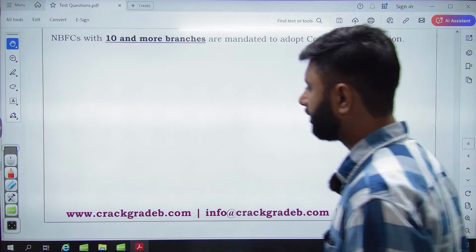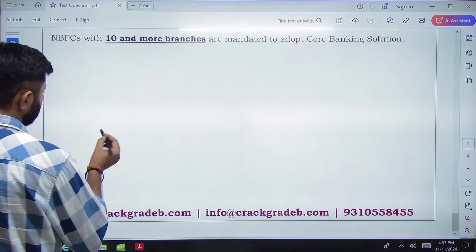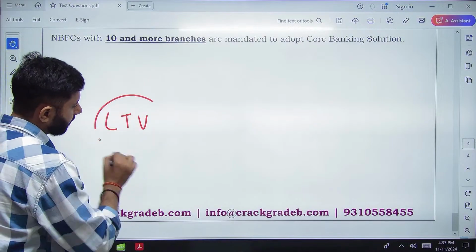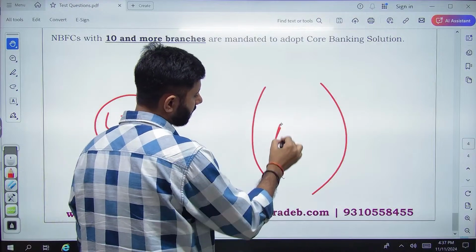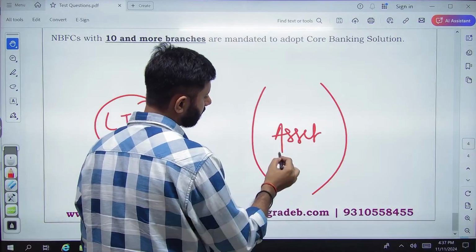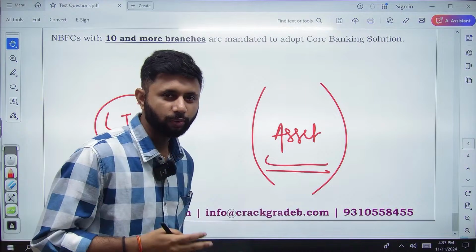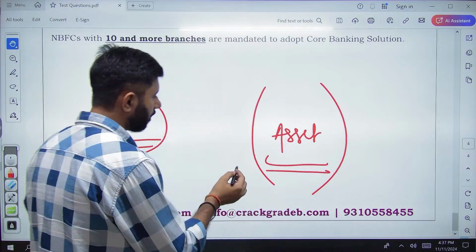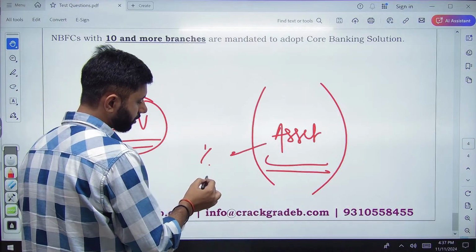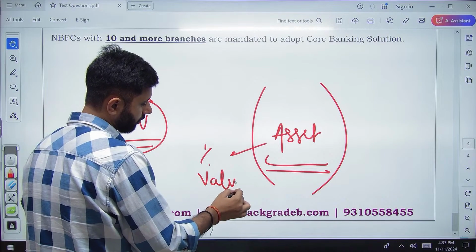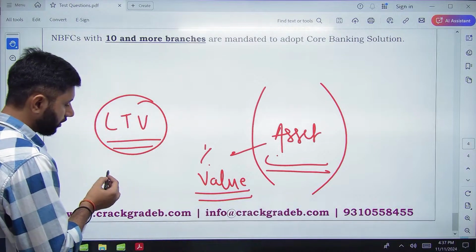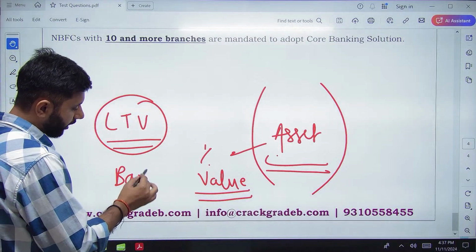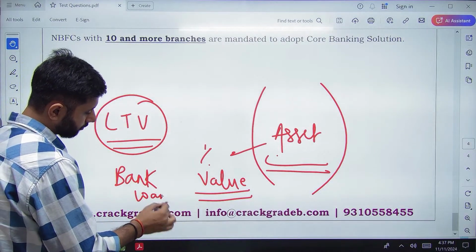Sure, loan to value ratio is basically how much percentage, for example, of any asset or any thing that you are trying to buy, how much percentage value of the price of that asset the bank is providing as loan for you.